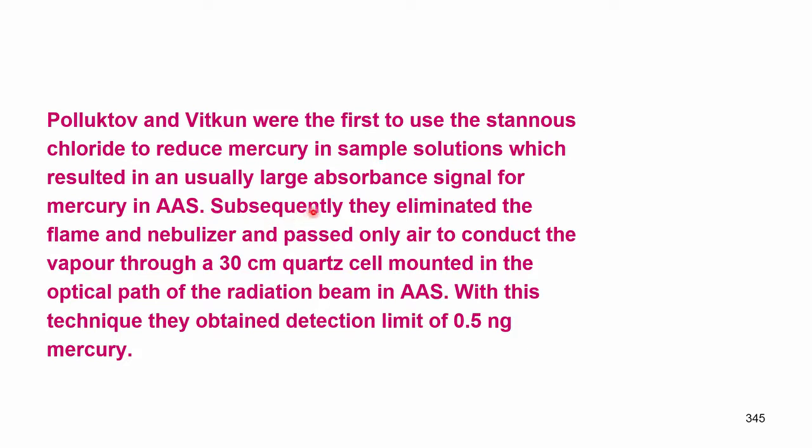Subsequently, they eliminated both the flame and the nebulizer, and passed only air to conduct the vapor through a 30 centimeter quartz cell mounted in the optical path of the radiation beam. That means, instead of the flame, they put a 30 centimeter quartz cell in which the mercury was carried. With this technique they obtained a detection limit of 0.5 nanogram of mercury.